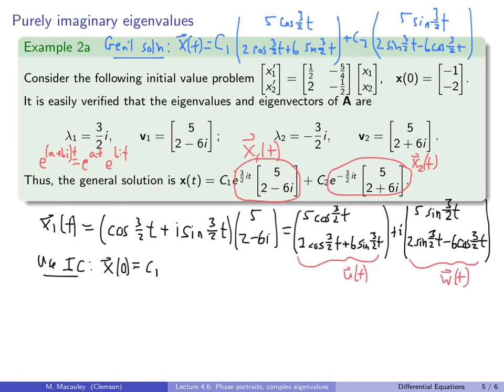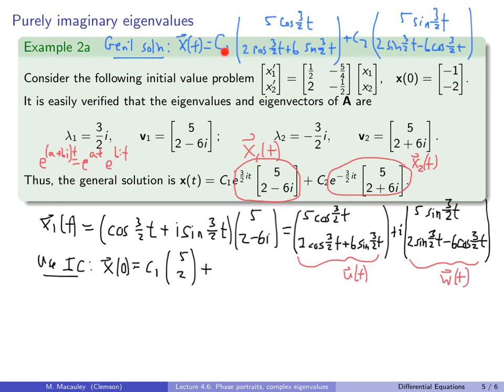Yeah, so plugging 0 into here is going to be c1 times 5 times 1. So that's 5 on the top. And on the bottom we're going to have 2 times 1 plus 6 times 0. So 5, 2, plus, technically I should have called these constants something different than these, because they aren't the same c1 and c2.